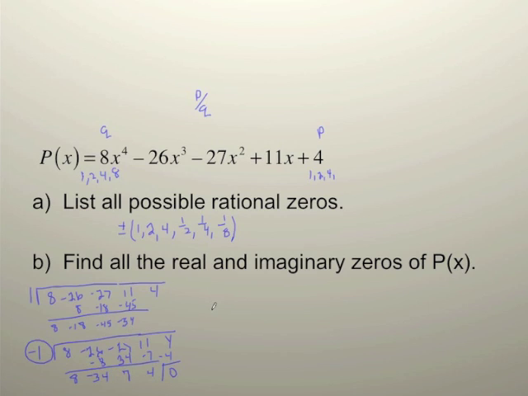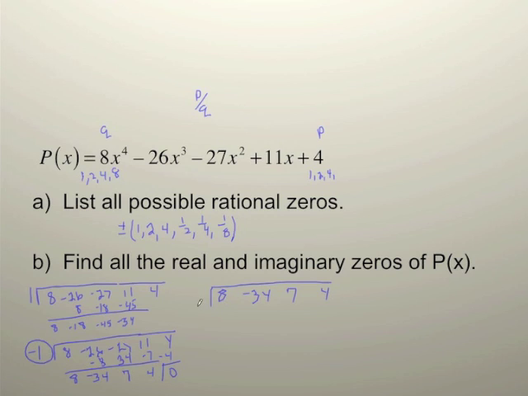Now I can start with this reduced polynomial, 8, negative 34, 7, and 4. So this would be x cubed, x squared, x, and a constant. So I'm going to try my possibilities again. These keep getting smaller.